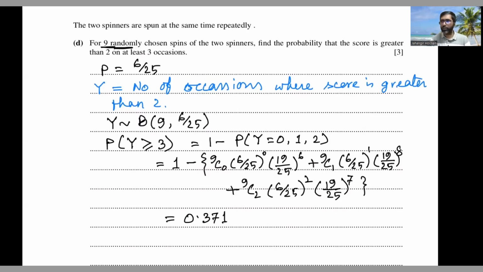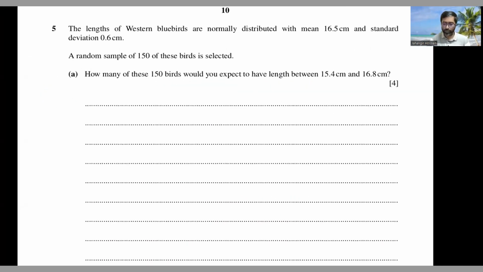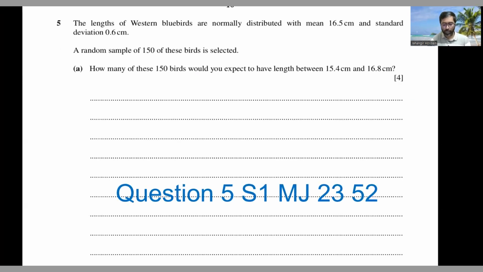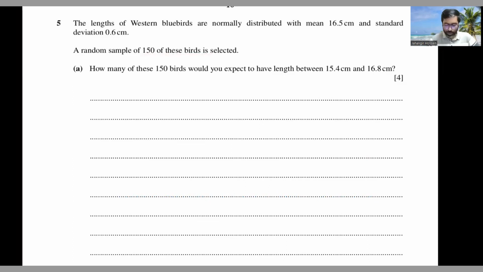Now let's move on to the next question, which is question 5. In question 5, the lengths of western bluebirds are normally distributed with mean 16.5 centimeters and standard deviation 0.6 centimeters. A random sample of 150 of these birds is selected. How many of these 150 birds would you expect to have length between 15.4 centimeters and 16.8 centimeters?